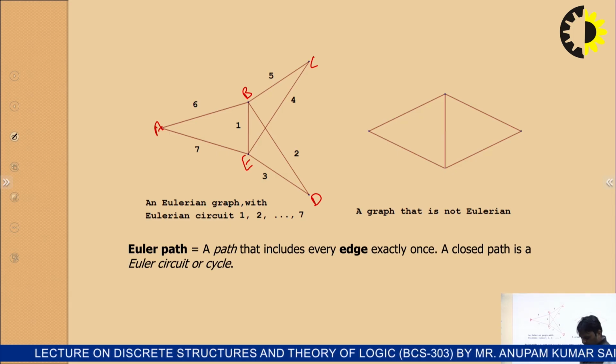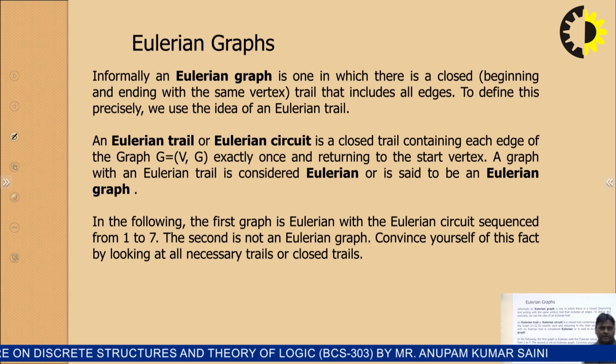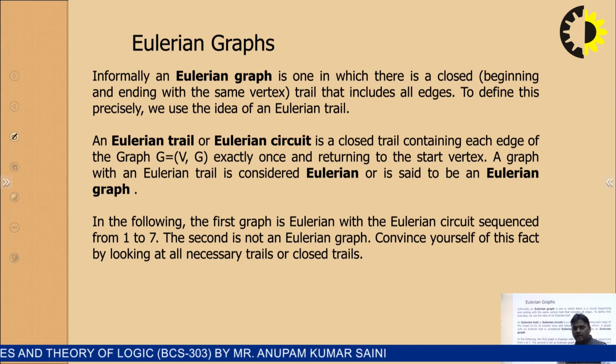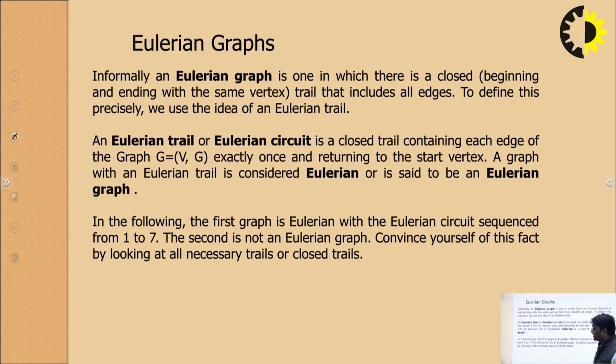In an Euler graph, if we traverse all the edges without repeating any edge except the initial edge, then the graph is known as an Euler graph and the circuit formed is called an Eulerian circuit.